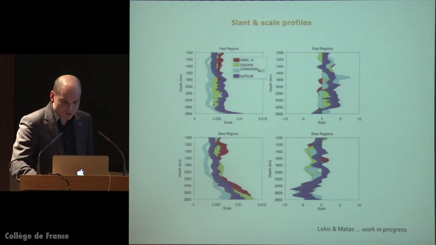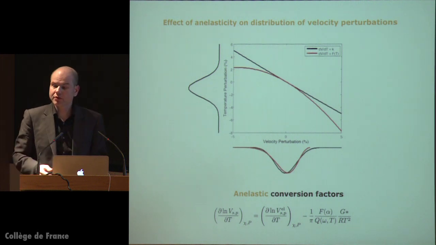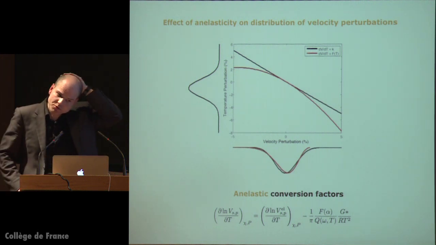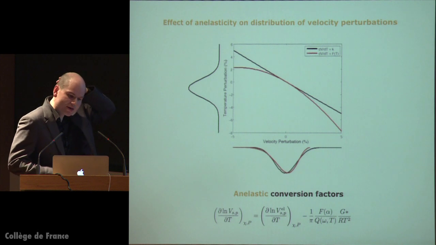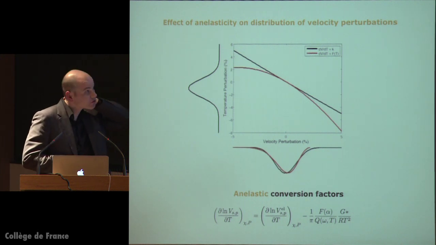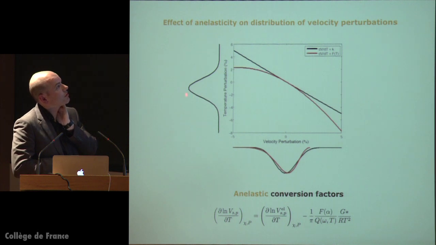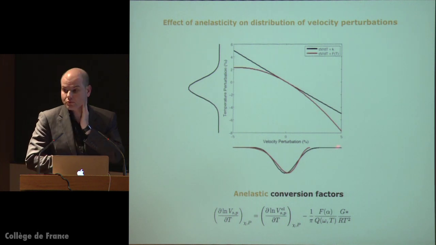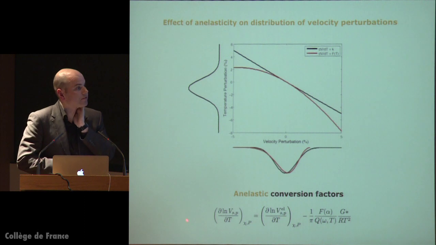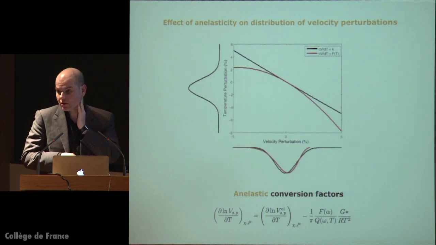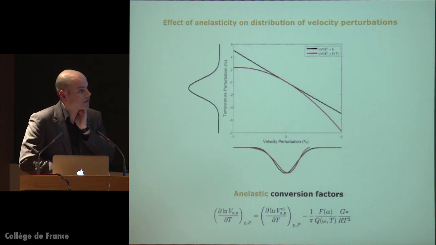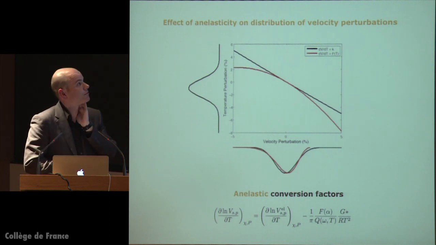velocities. So if it's related to the attenuation, how could it be related to the attenuation? I come back to what I was saying in my introduction: we are going from temperature perturbation to velocity perturbation using our conversion factor, either the elastic or the inelastic conversion factor.